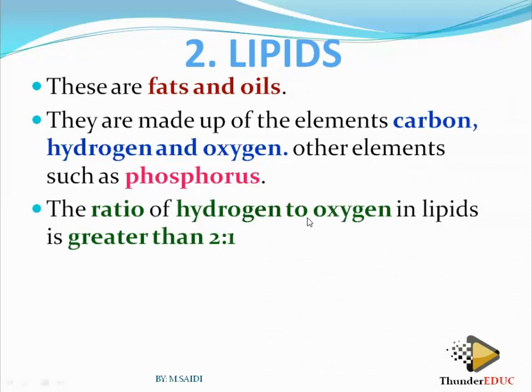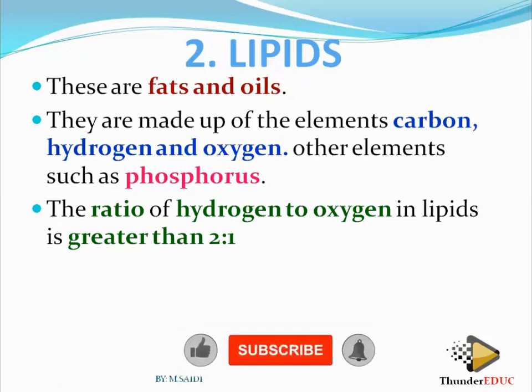The ratio of hydrogen to oxygen in lipids is greater than 2 to 1, which means you have more hydrogen compared to oxygen. Lipids also produce energy, almost the same as carbohydrates. But why don't we use lipids to produce energy in the body? The basic way of producing energy is not lipids, but carbohydrates. We will see that later.